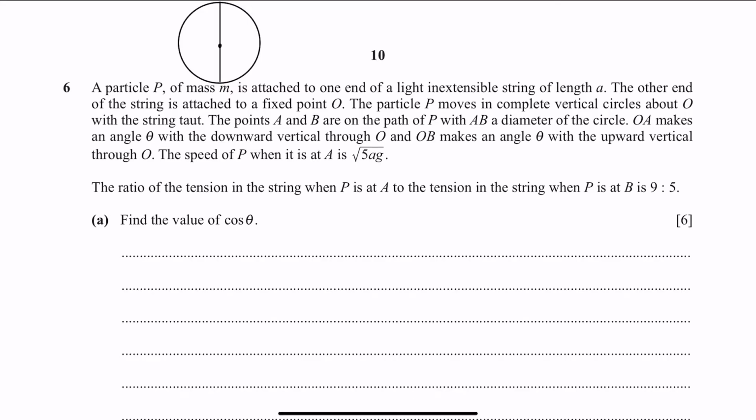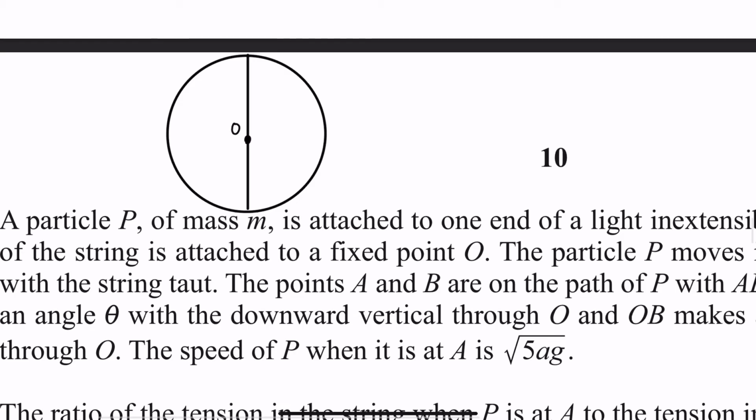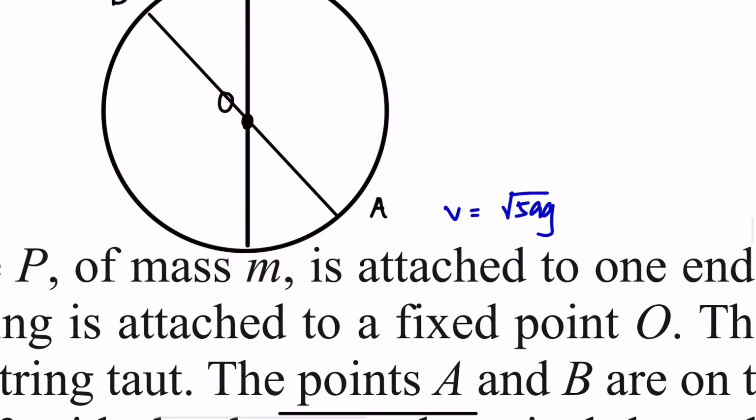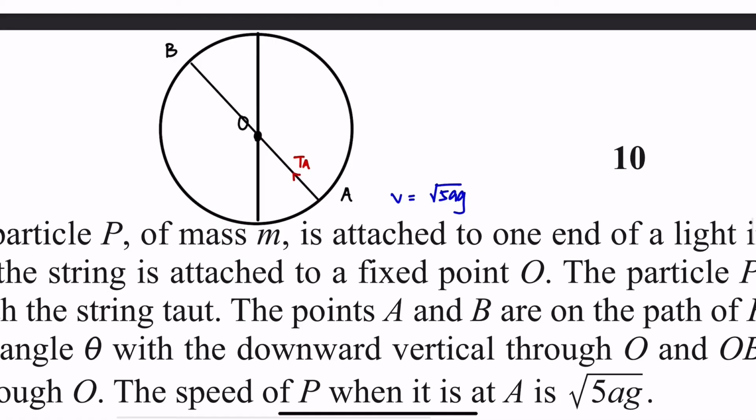This would be the center O, this would be A, this would be B. Alright, so when it's at A, it has a speed of root 5ag, and the force would be a tension towards the center.